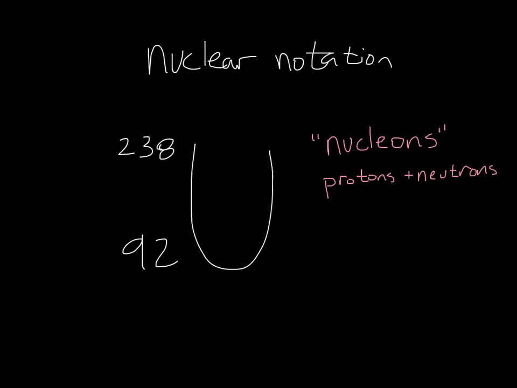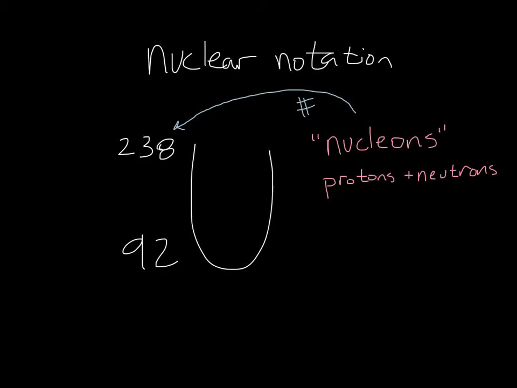What this also means is the number right up here, the top one, 238 in the case of uranium, doesn't just have to be the atomic mass. It can also be the number of nucleons inside of the atom, and that's what we're going to start considering it for this unit. It's the total number of nucleons for that particular element. So uranium-238 has 238 nucleons.